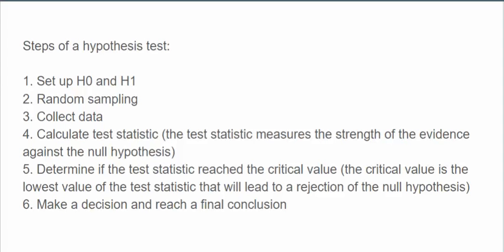Basically the test statistic is what leads you to either reject or retain the null hypothesis: if the test statistic reaches the critical value, reject. If it doesn't reach, retain.